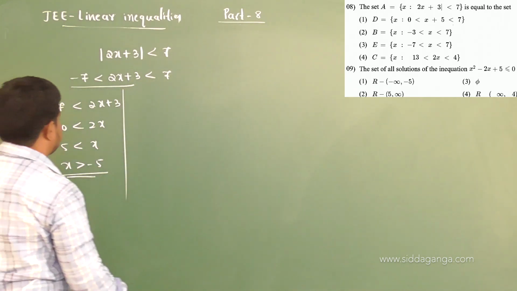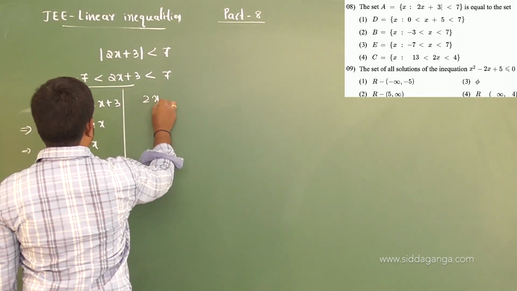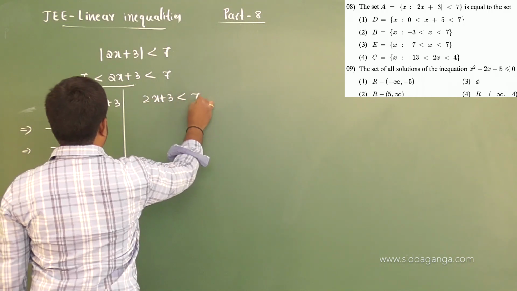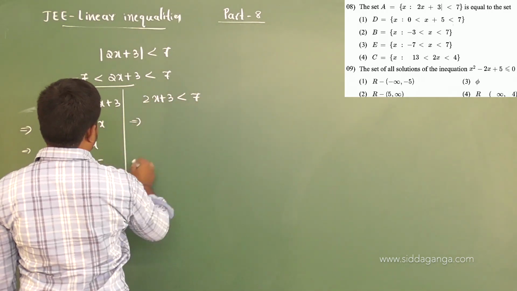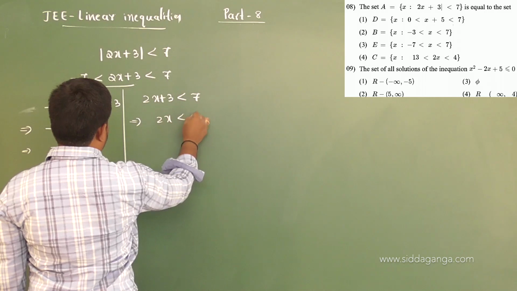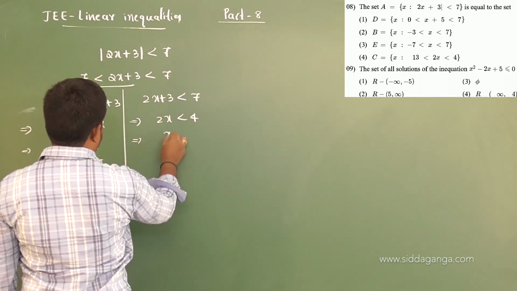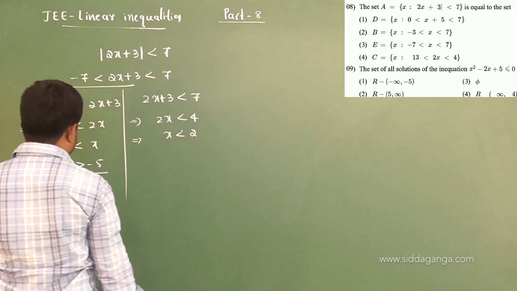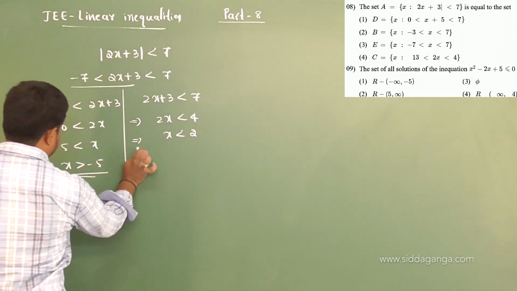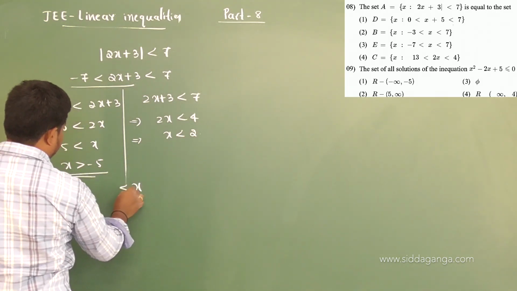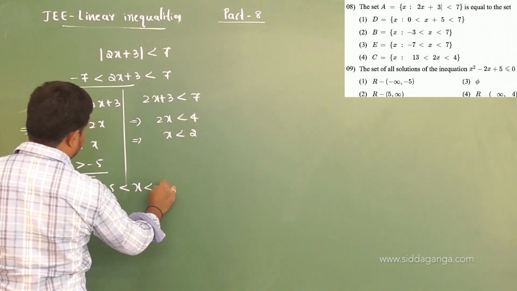Let me solve the second inequality, that is 2x plus 3 is less than 7, adding minus 3 on both sides, 2x less than 4, dividing by 2 you get x less than 2. So, your x is greater than minus 5, less than 2.